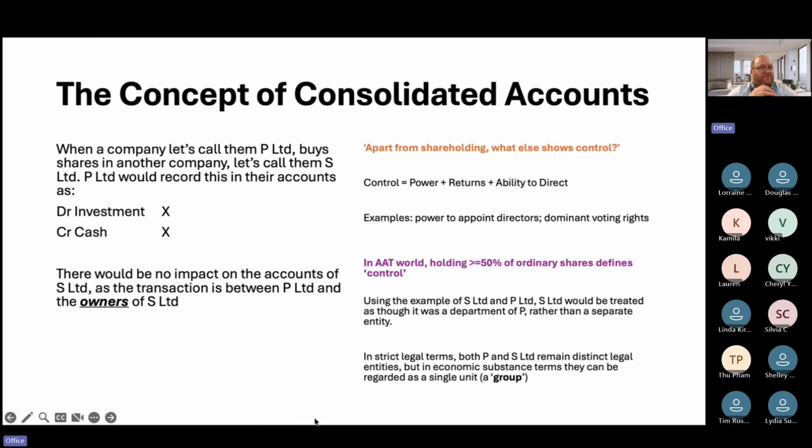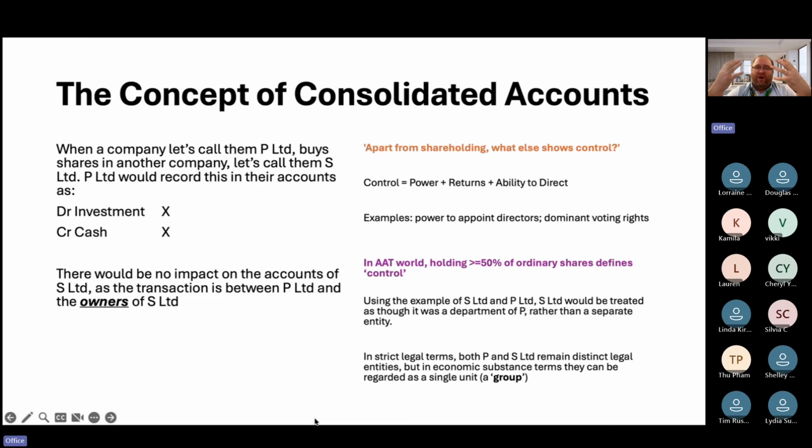Now, obviously, that's almost against what we've learned up to now, which is that limited companies are separate legal entities, because we still have P Limited, we still have S Limited. They are two separate limited companies. So as it says at the bottom of the slide, in strict legal terms, they remain distinct legal entities.